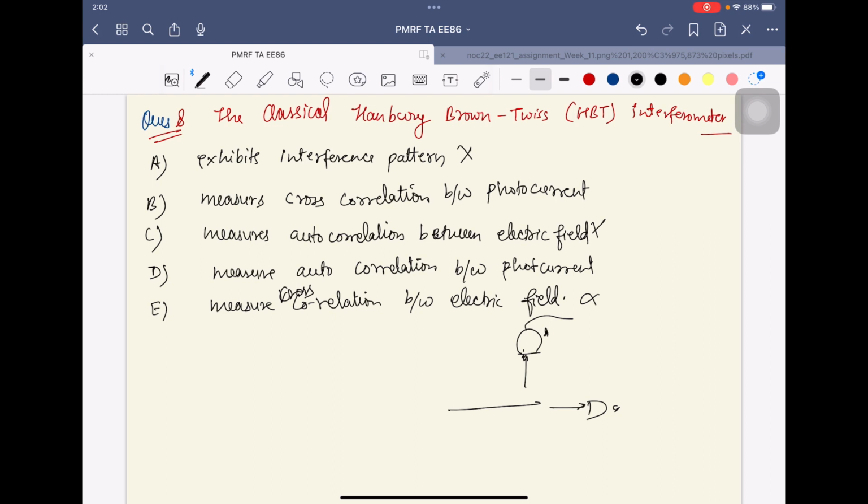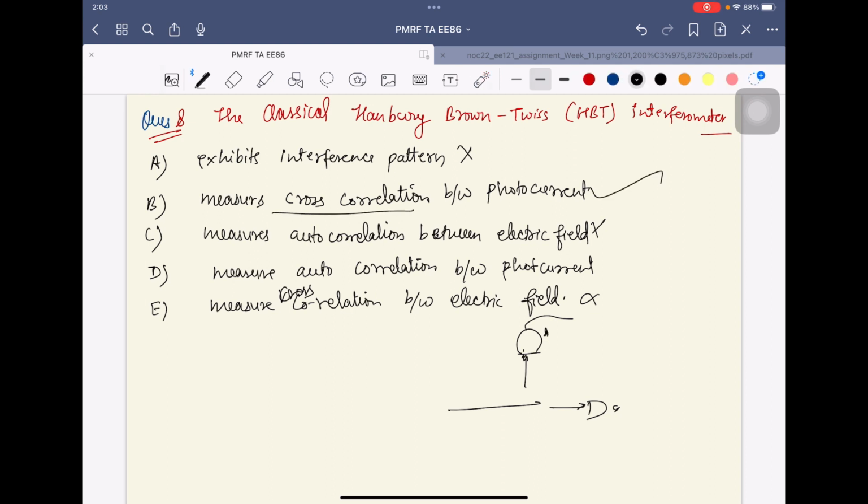Okay, so we know this. So from this, what we need to decide is whether it measures the cross correlation or the autocorrelation. Okay, so we measure the cross correlation.